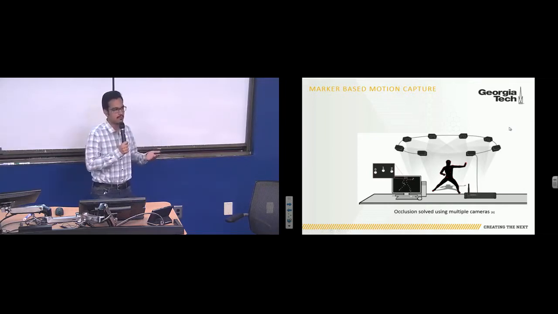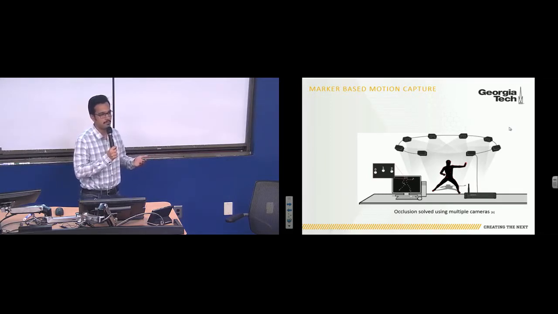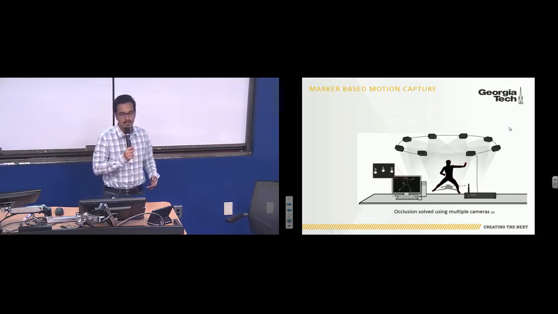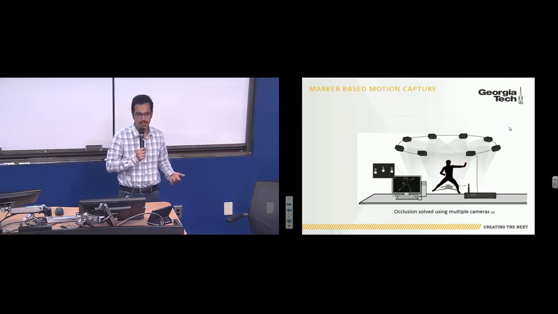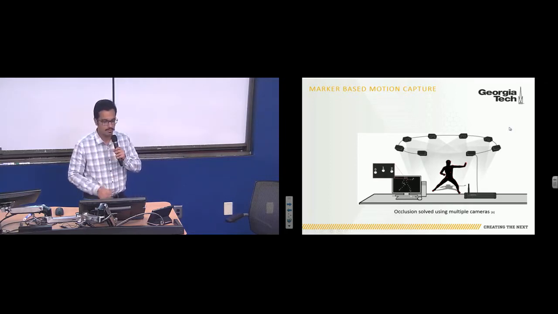But that still doesn't solve the problem of the performer hiding the markers placed on its own body using its subparts. You can solve that by placing markers strategically on the performer and making a kinematic model of the motions of the performer, and you can predict where the missing markers can be.